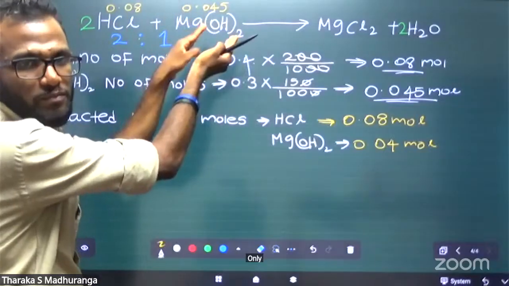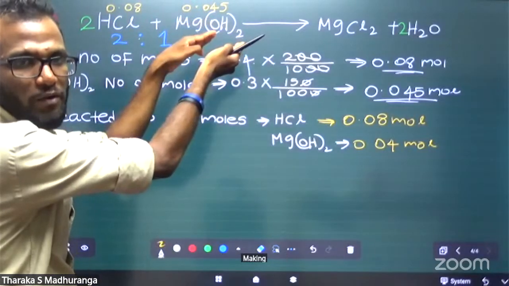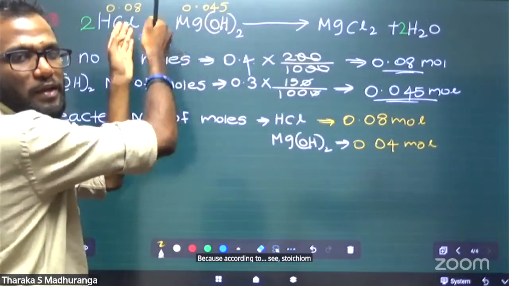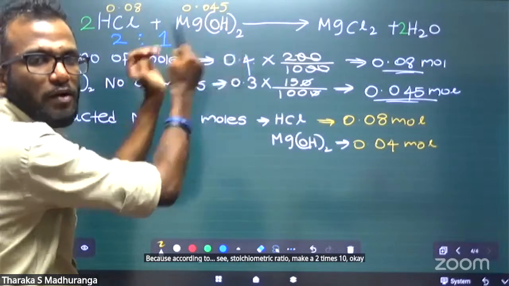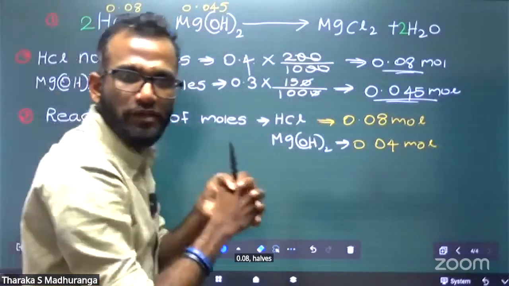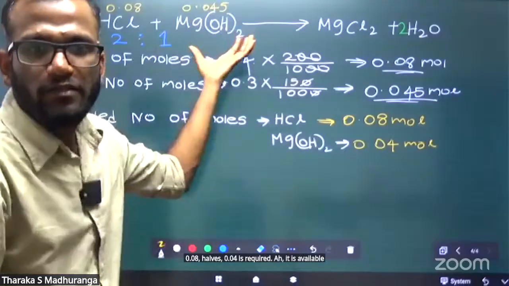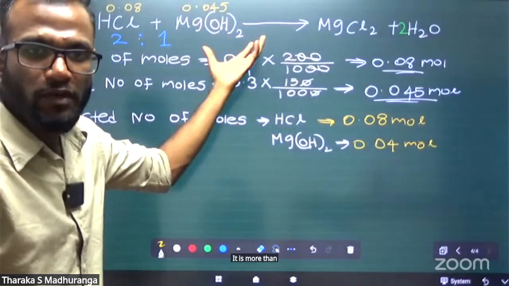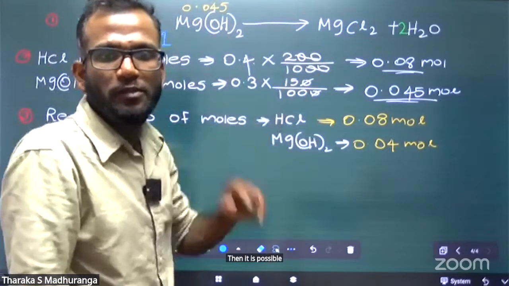Only half of this, because according to the stoichiometric ratio, it is 2 times, so half only. 0.08 half, 0.04 is required. It is available, it is more than 0.04. Then it is possible. This direction is possible.